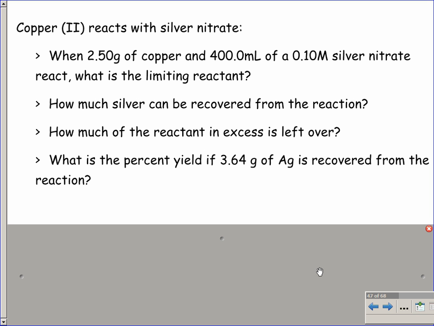How much silver can that one make? How much silver? Oh, convert the moles of silver nitrate to moles of silver.